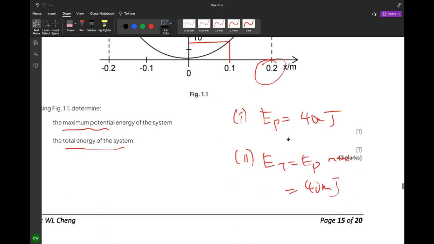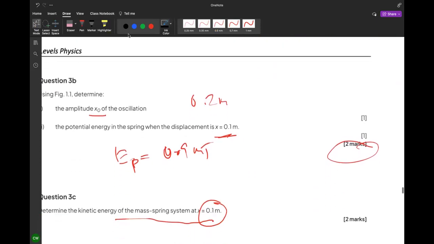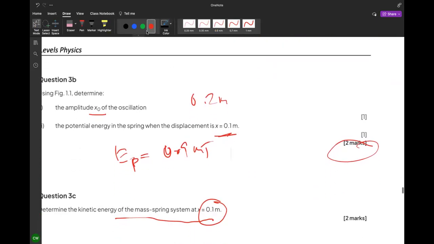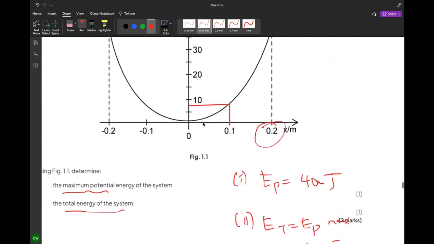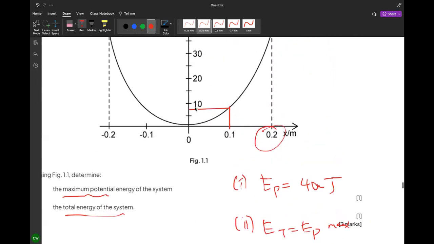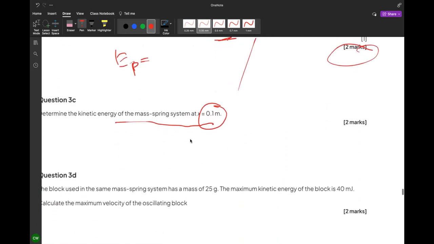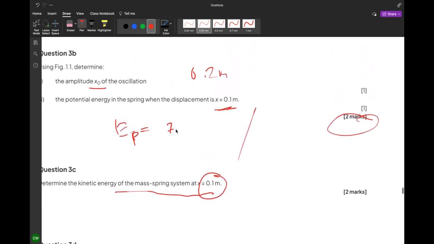If you got 7.5, not 0.9, this is 9. Let's say this is 7.5 millijoule.